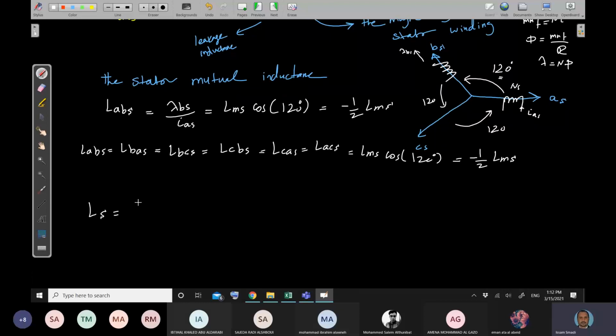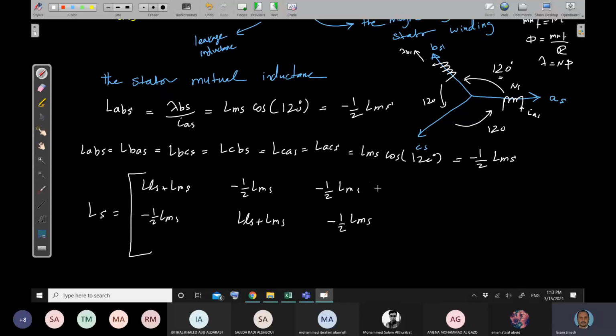So LS, if I substitute the variables here, will have diagonal terms of LLS plus LMS, with all off-diagonal terms equal to minus 1 over 2 LMS, and the self-inductance in each row being LLS plus LMS.